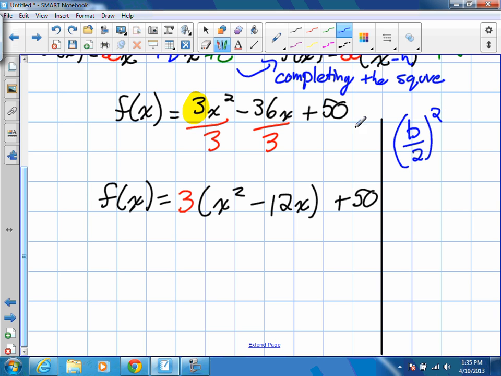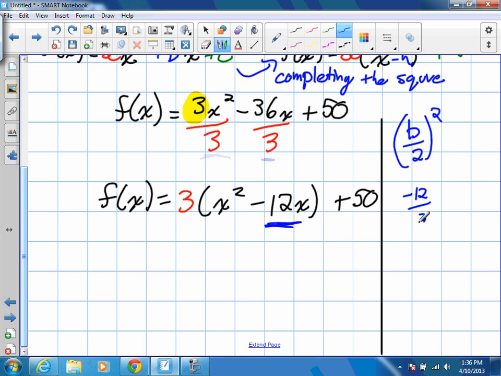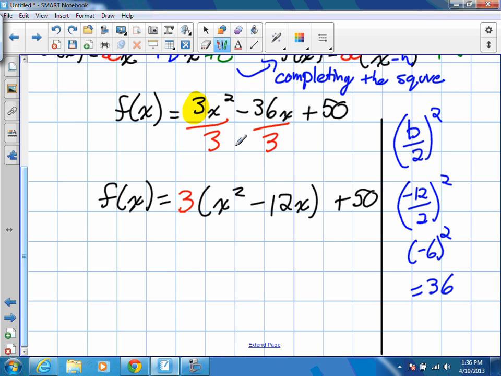Originally our b was negative 36. But we apply it to the second step, after we've taken the a out. So our b is now negative 12. So we have negative 12 divided by 2 squared. What's negative 12 divided by 2? Squared is 36.